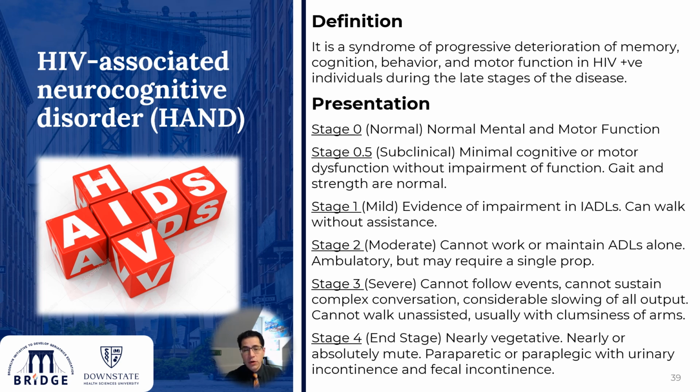And then stage 0.5, you see mild cognitive impairment, but the gait remains normal. Stage 1, the IADLs can be affected, but the gait remains normal. Stages 2, 3, and 4, the gait and cognition start to decline, until the patient becomes nearly vegetative and absolutely mute.